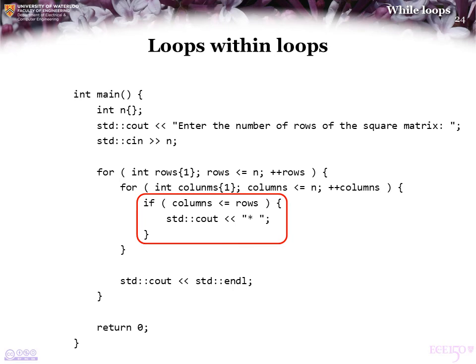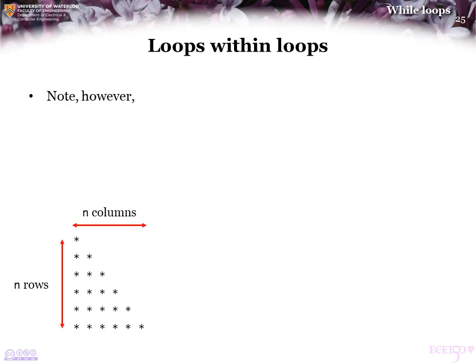So initially, row is equal to 1, and consequently in the inner loop, columns is equal to 1 only once, and so only one asterisk will be printed. All right, that's not bad. However, note, in row 1 we print 1 asterisk.